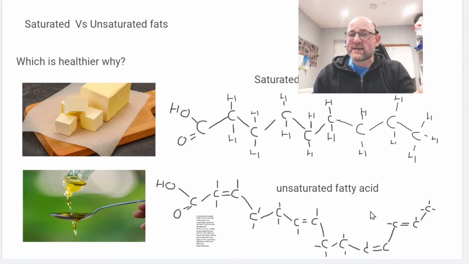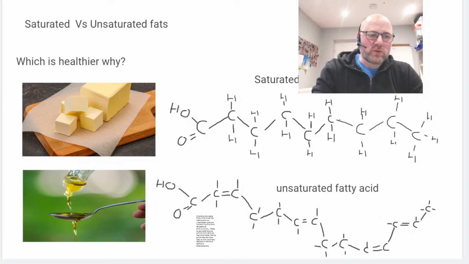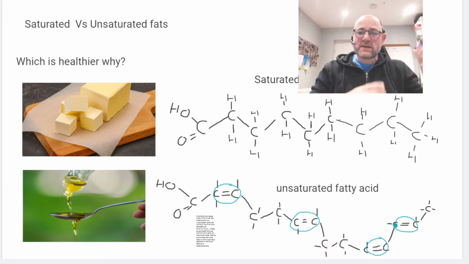Now, those fatty acid tails could be saturated or they could be unsaturated. Look at the shape of the unsaturated one. What you'll notice is that where there's a carbon-carbon double bond, which is what makes this chain unsaturated, it's not straight, and this creates kinks, as we call them.